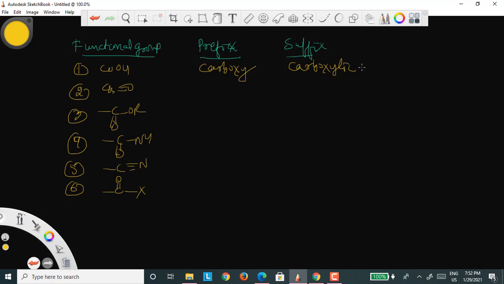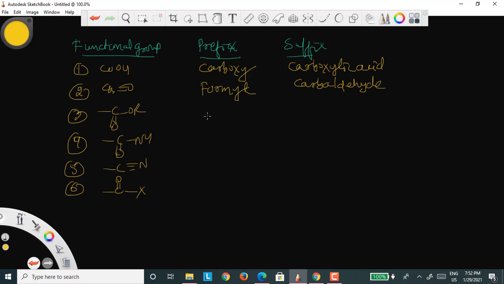And this aldehyde is formyl, you know that, and its suffix will be carbaldehyde.